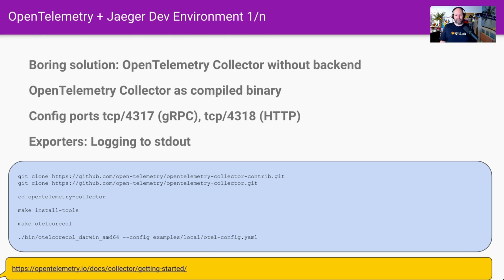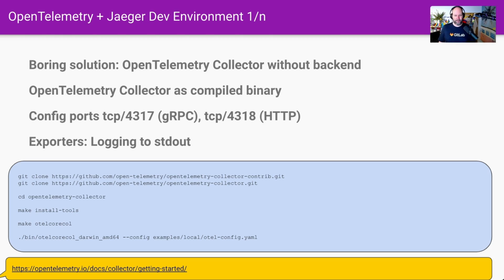The other thing is, okay, now I had traces on the console. How would I be connecting to the OpenTelemetry collector? And one of my boring solutions was, well, just send something over, but don't specify a backend. And I learned that you can use the OpenTelemetry collector just for logging to standard output, and set the log level to debug, which allows you to immediately see what is going on.